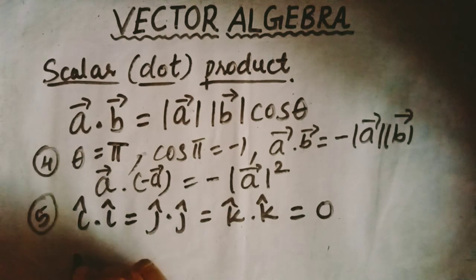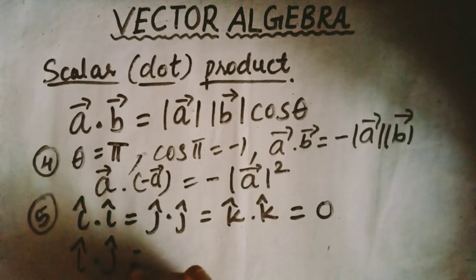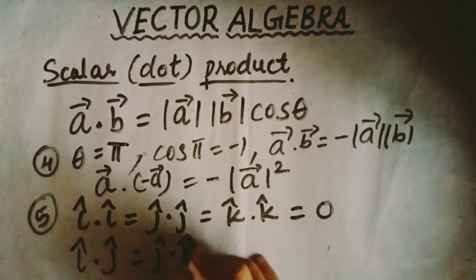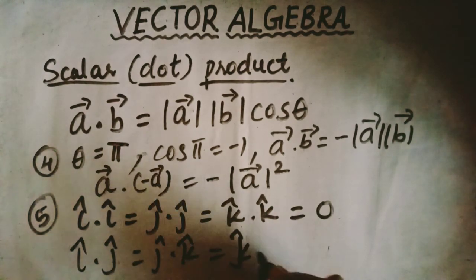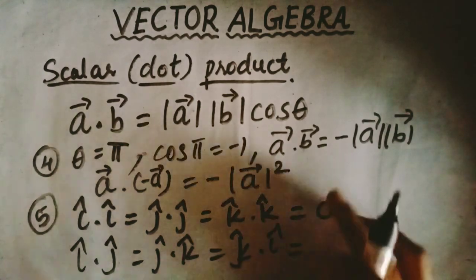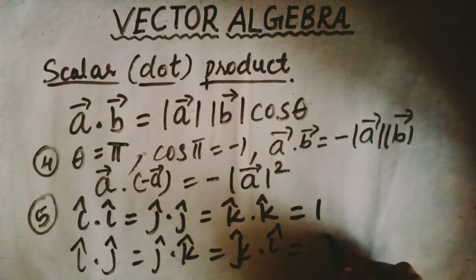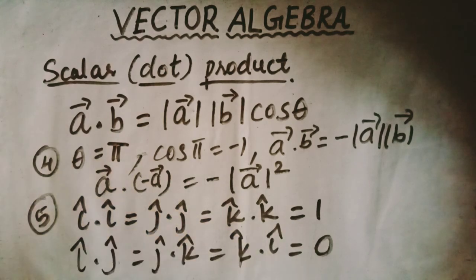And when the vectors are perpendicular, i dot j, j dot k, and k dot i, this will be 0. This is when the vectors are perpendicular.